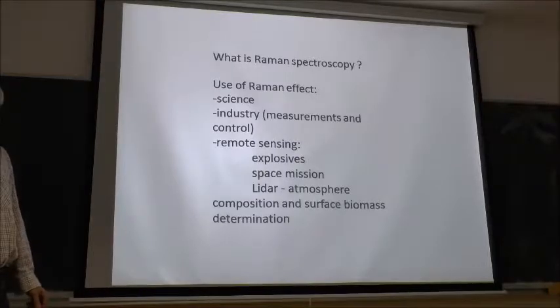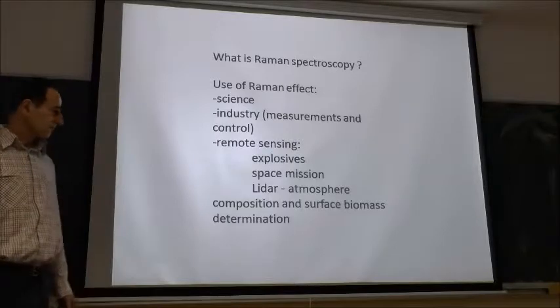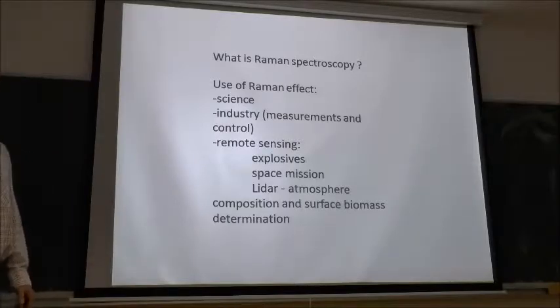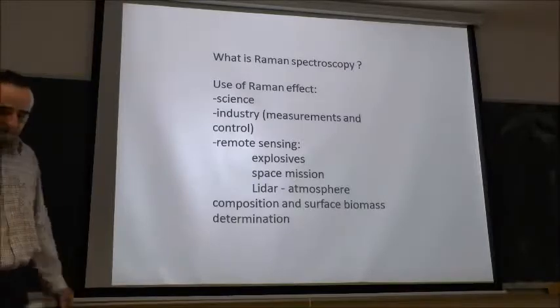This has been extremely popular in the last 10 years. You can measure the composition of matter from 7 or 10 meters distance. Such spectrometers are useful also for space missions. Another application is measuring the composition of gases in the atmosphere and also of solid particles.